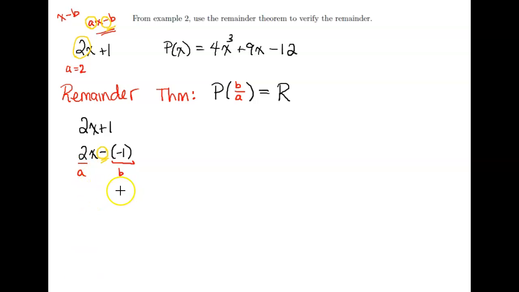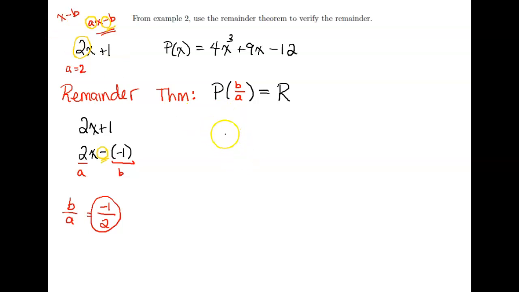So that means my b over a is going to equal negative 1 over 2. This is what I'm going to sub in for my x value. So let's do it.